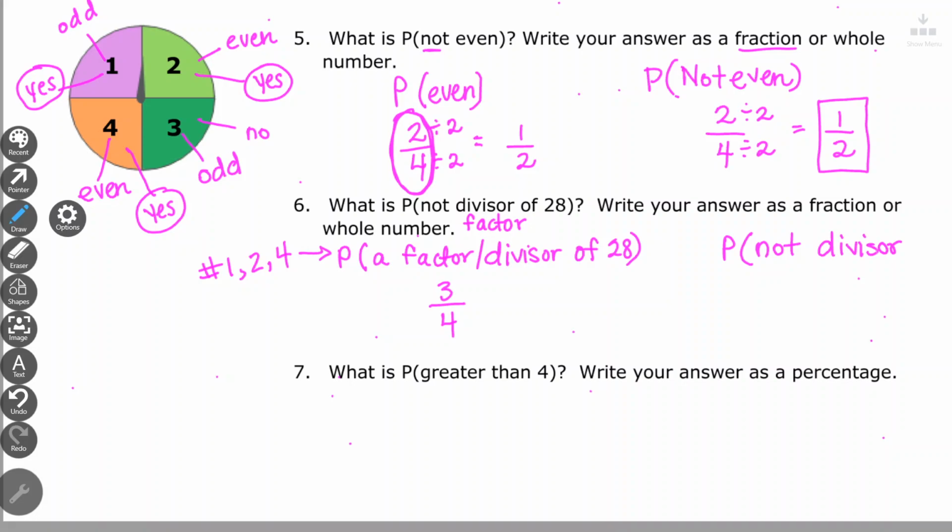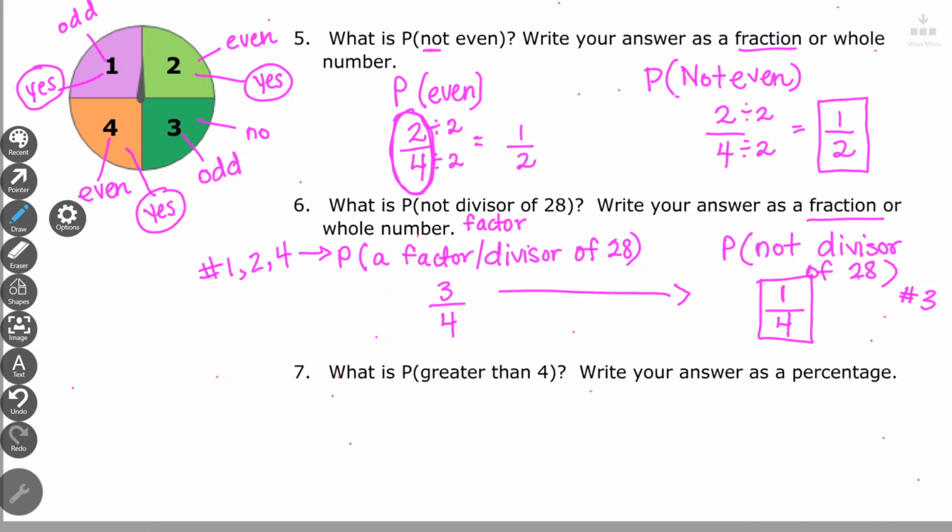Now remember, if 3 is the numerator right here, then the numerator on the other one has to give us 4 as the denominator. So there is 1 that is not a factor of 28, and that would be the number 3. 3 is not a factor of 28 or a divisor of 28. So 1 over 4. Now it says write your answer as a fraction. So 1/4 is indeed our answer.